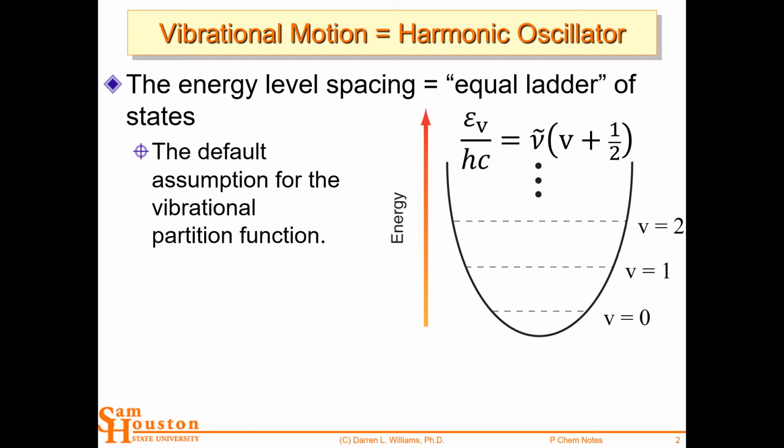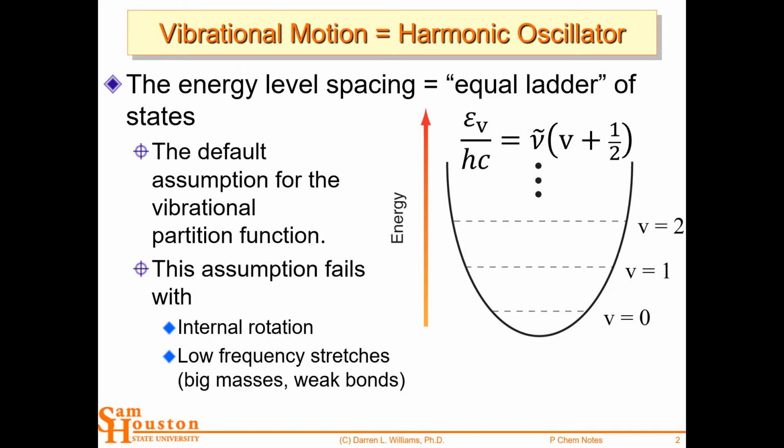This equal spacing of energy levels is only applicable if you have a true parabola, right? Hooke's law, and if it goes up to infinity. But if it doesn't go up to infinity, you have anharmonic effects, like a bond dissociation. That's not a parabola. It starts to break and bend over. The same goes for internal rotation, like the rotation around the carbon-carbon bond in ethane.